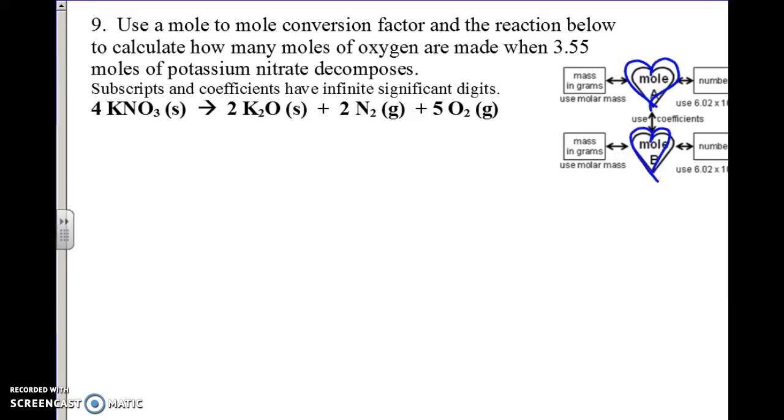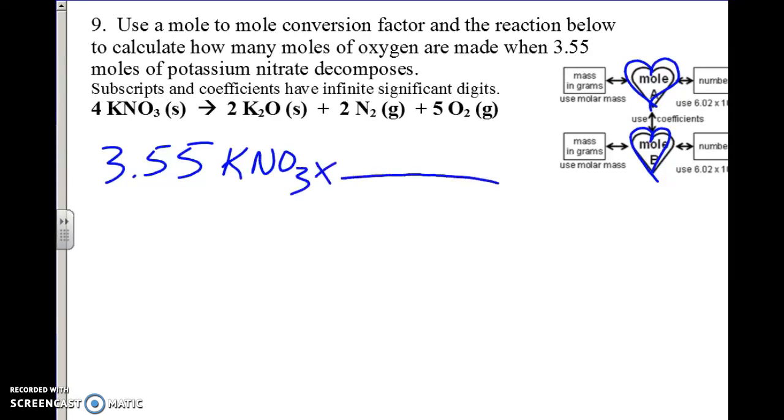So this is actually a fairly simple problem. I start with what they give us, 3.55 moles of potassium nitrate, KNO3. Multiplication sign, division bar. Whatever this label is here, it goes right down here. So KNO3, and this would be moles.